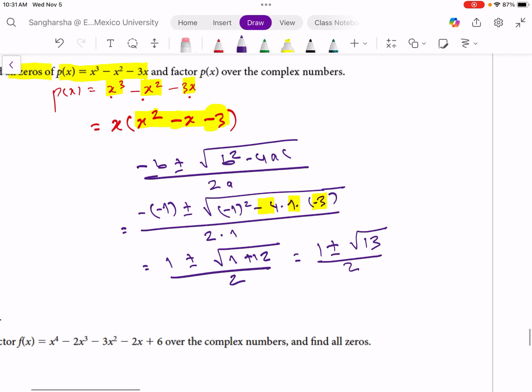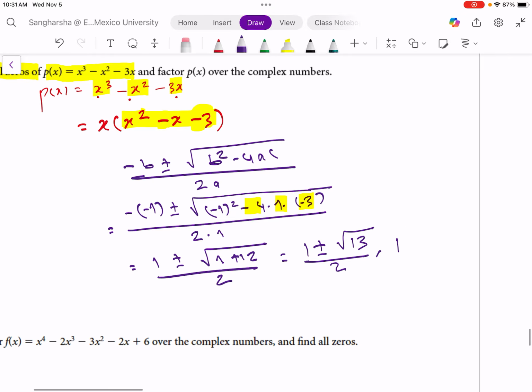So we have two numbers here. One is 1 plus square root of 13, sorry, this is 13, not 17. And the next is 1 minus square root of 13, divided by 2.